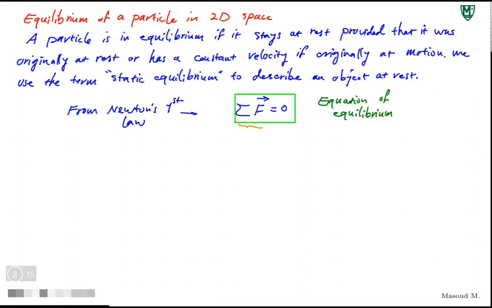All right, this is a vector sum, meaning that for all the forces, you have to take into account the direction as well. These are vectors, F. So the vector sum of all the forces acting on an object. All right.